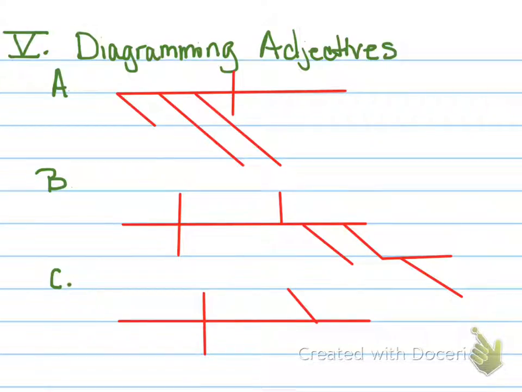Okay, to diagram adjectives, it's pretty easy. It modifies a noun, so it could be under the subject. This is our verb. It can be an article adjective. It could be a descriptor adjective, or a descriptive, pretty, hungry, those kinds of words. And remember, it can also be a possessive, showing ownership.